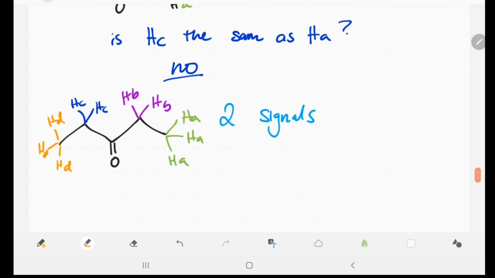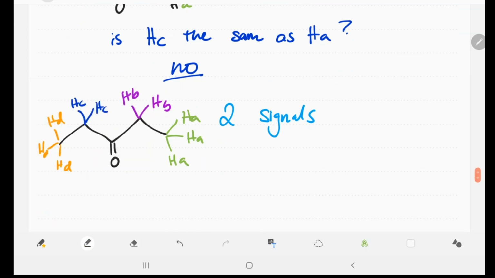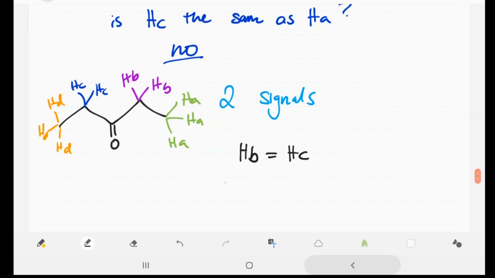We will see here that because of the symmetry of this molecule, HB and HC are the same as each other. They see the same environment. They are on a CH2 that is adjacent to a carbonyl and adjacent to a methyl group. They feel the same things. In terms of HA and HD, those are also going to feel the same things. So HA and HD are the same as each other due to symmetry.